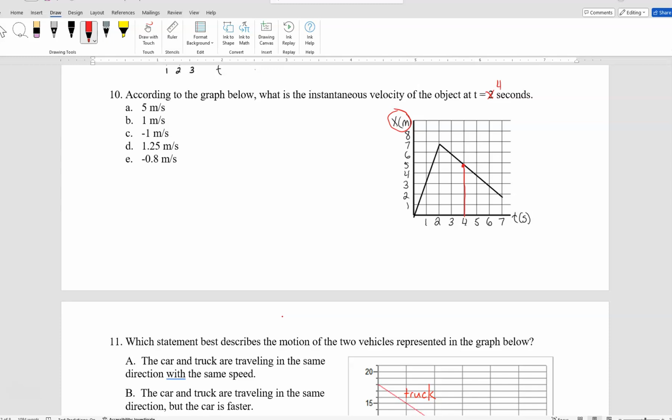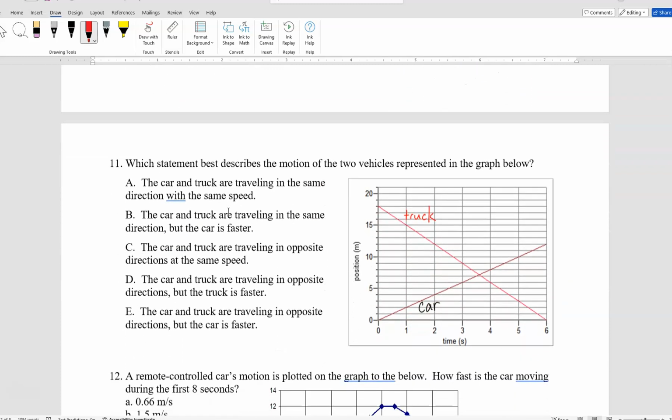So if I go up and I go across, that's 5, but that's at 5 meters. So that just means I have to find the slope. So any 2 points along this line, like right there and like right there, I know it's a little bit off, or any 2 points along that line going down to the right will get me the answer. And if you do that correctly, because it's going down and to the right, it should be -1 meter per second.